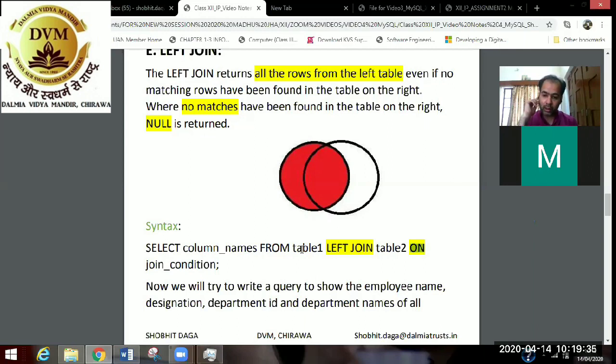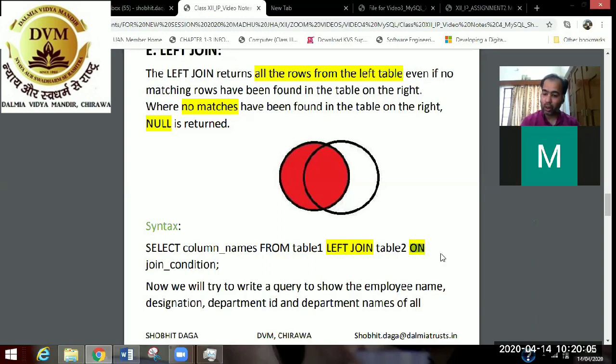Remember, let us recall what happened with an equi join. In an equi join, only when the values of the common column are the same in both the tables will you see an answer. But over here, even if the value of the left table is not present in the right table, you will still see an answer.